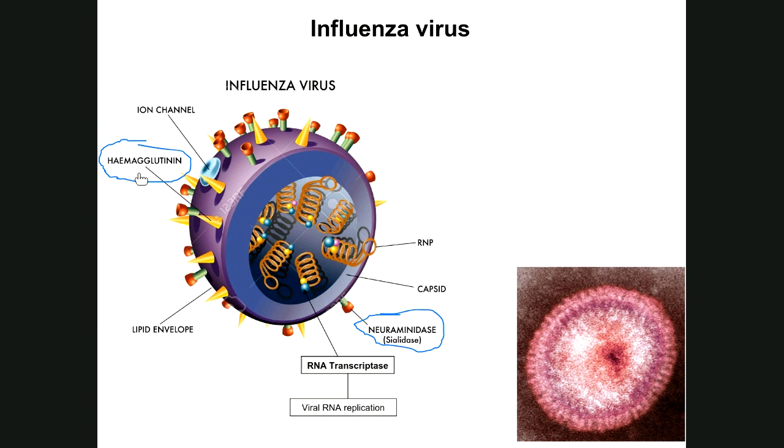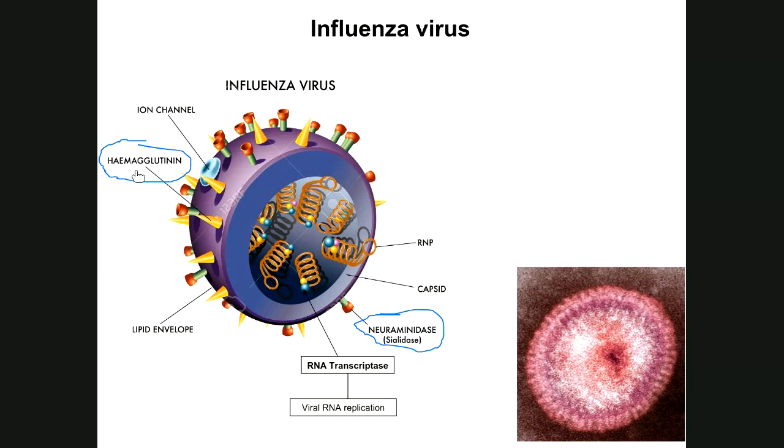Hemagglutinin, it was discovered, functions in attaching the viral particle, the influenza virus, to the membrane of what will eventually become a host cell. So this acts as an anchor. It helps attach the virus to the membrane of what will become the host cell.